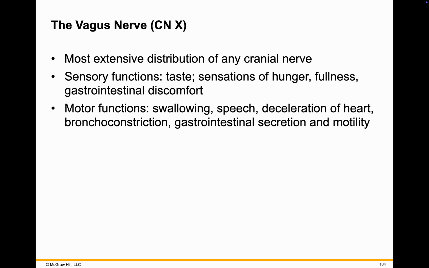The vagus nerve, number 10, is the most extensively distributed of any of the cranial nerves. This is the one that does leave the head and neck region. Sensory functions include sensations of hunger, fullness, and gastrointestinal discomfort. Its motor functions are involved in swallowing, speech, acceleration of the heart, bronchoconstriction, gastrointestinal secretion, and motility.